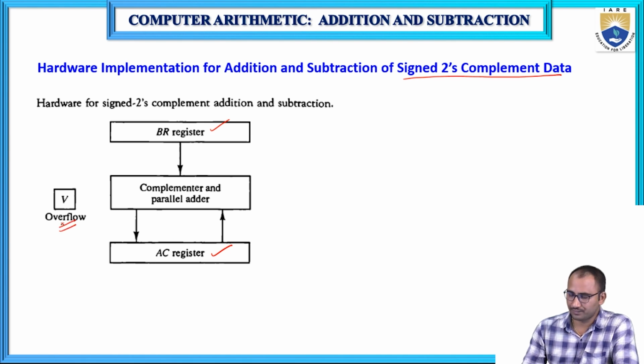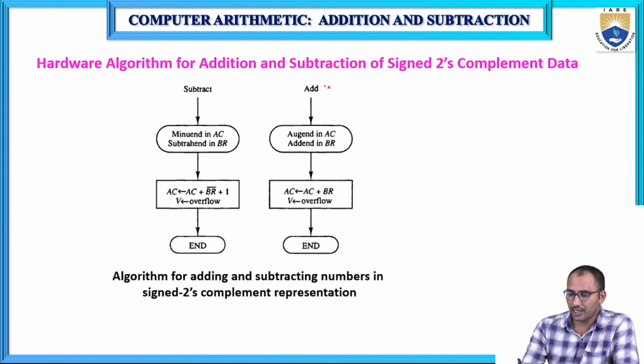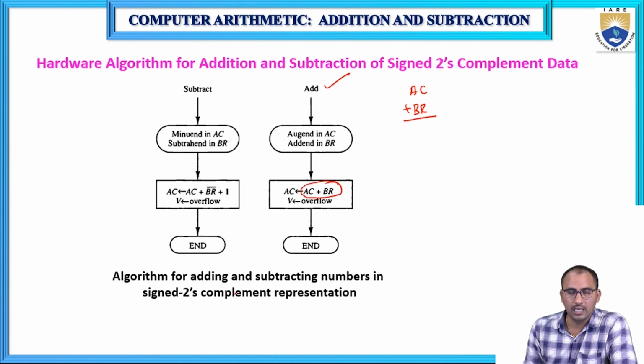And coming to the hardware algorithm in addition, we are adding BR register data to the accumulator. That means the contents of the accumulator are added with the contents of the BR register, and the result is automatically stored in the accumulator. If any overflow occurred, that will be stored in V, and the addition operation will be completed.